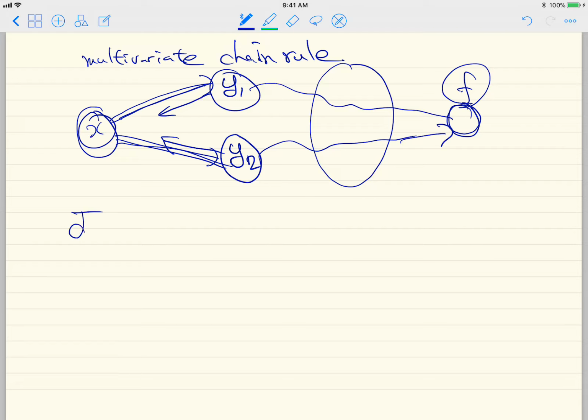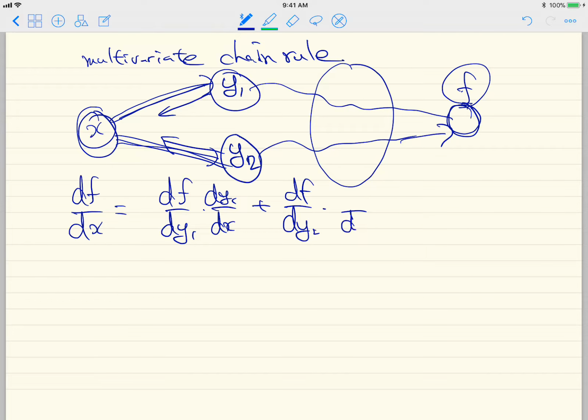Okay, so in this case we want to compute this guy. It can be represented in this form. So that means this guy is what?